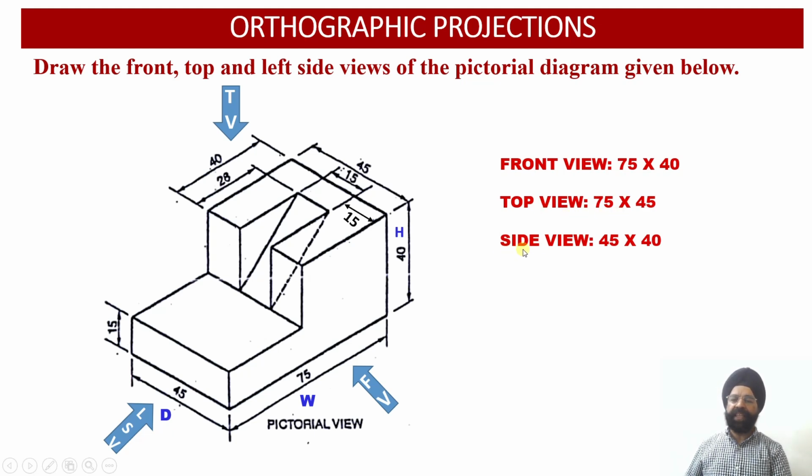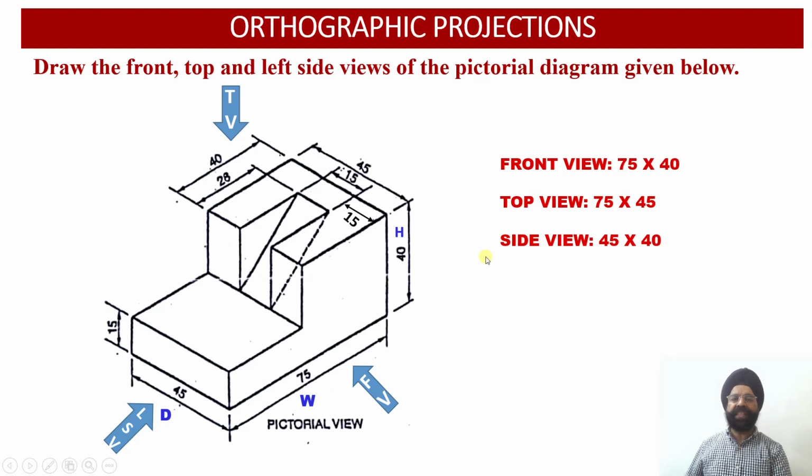Then regarding the side face, in the side view we are going to witness the depth of the solid, which is equal to 45 millimeter, and the height of the solid, which is equal to 40 millimeter. So the side view face of the solid should measure 45 millimeter by 40 millimeter in the orthographic projections.